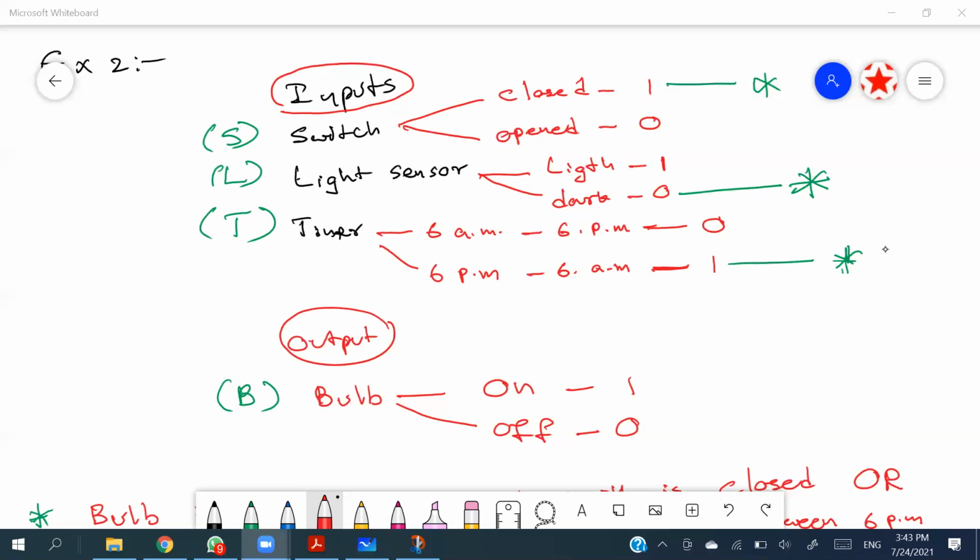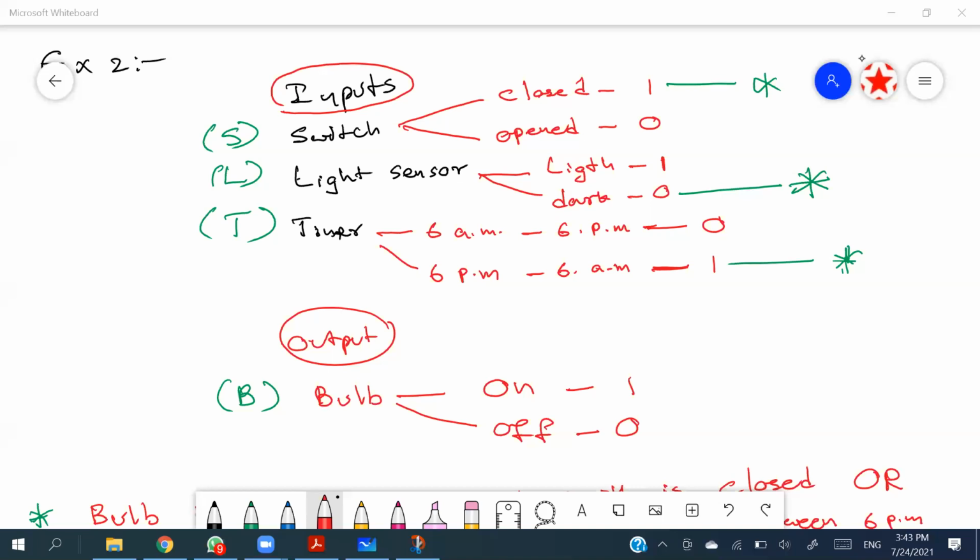Can every one of you understand how the states of the input are going, and why certain things are indicated by 1 and why certain things are indicated by 0? Are all clear with that?